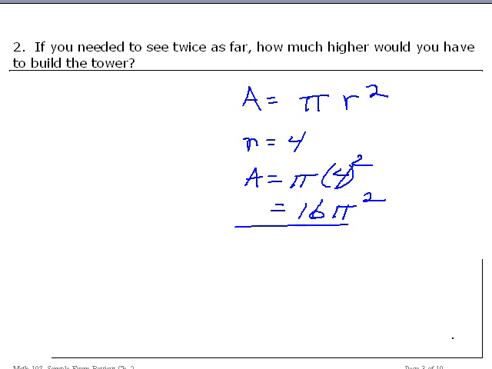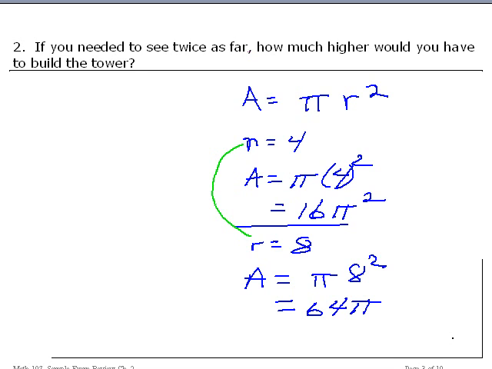Now let's double the radius and let the radius become 8. Now what's the area? It's pi times 8 squared, which is 64 pi. What happened here is the radius doubled, but the area did a lot more than double.